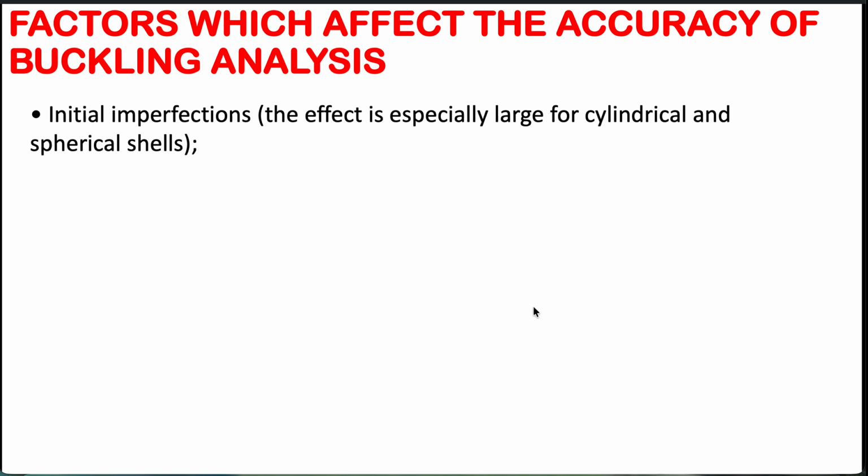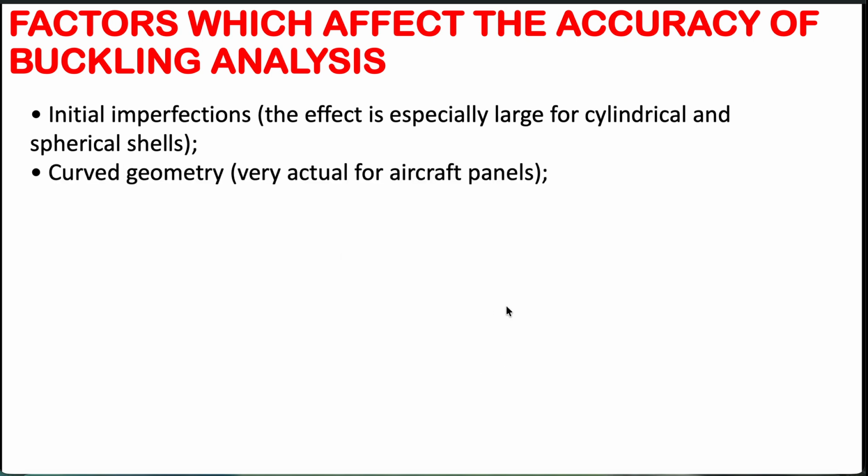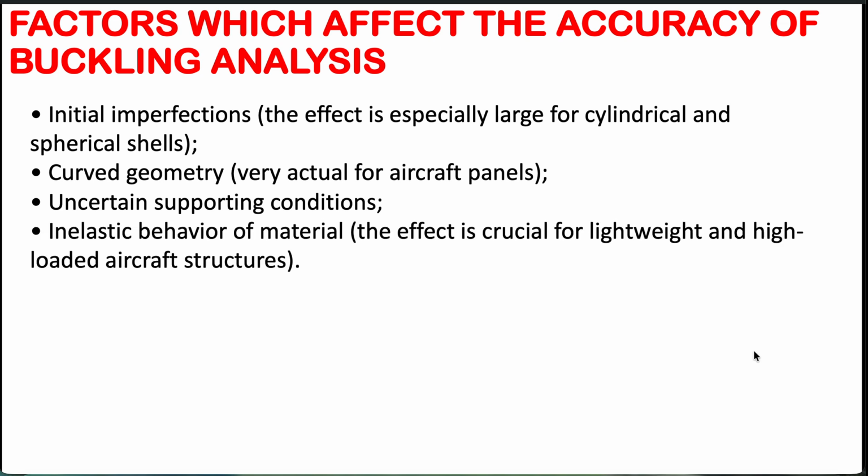So this is not an ideal Euler column anymore. We are dealing with initial imperfections. We might deal with a curved geometry. Again, this is not an Euler column anymore. And we might not be sure of the support conditions. That's also very important in analyzing the buckling. We might also see inelastic behavior of material at different regions. We might see regional yielding happening that might affect the buckling failure itself.